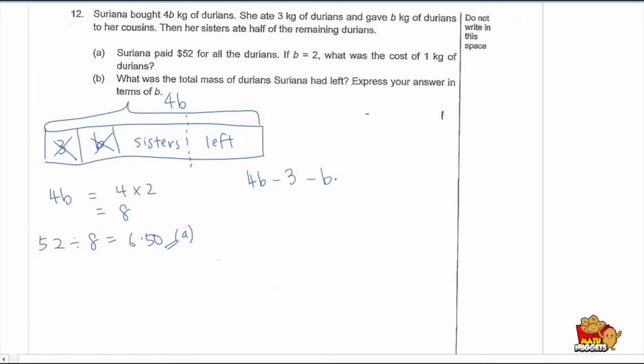She gave away B. So if I subtract this, I'm left with 3B minus 3. And remember that her sisters ate half of this, so she's left with the other half, right? So it will be 3B minus 3 divided by 2, which gives me (3B minus 3) over 2.